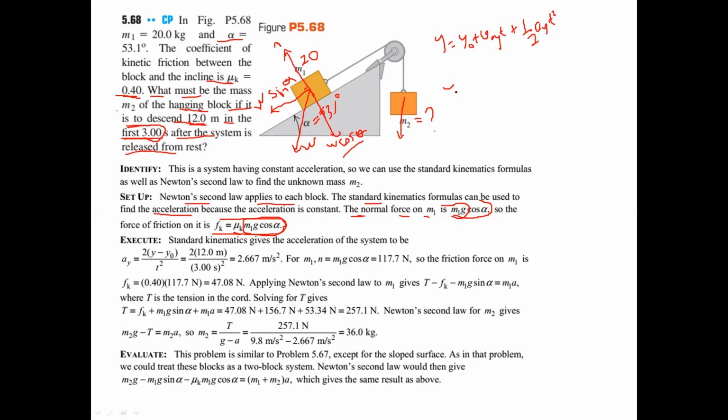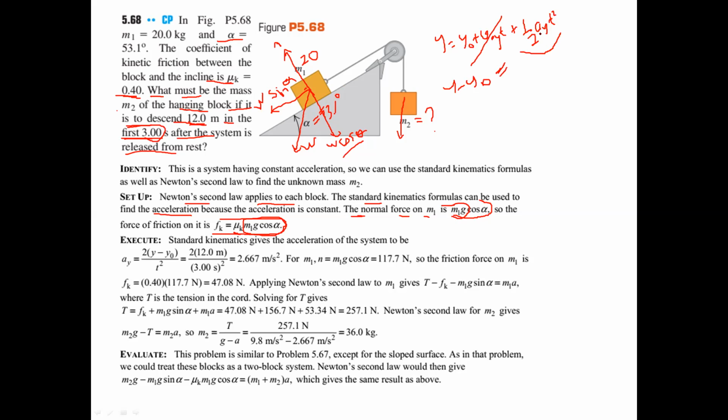So y minus y0: in this case v0y is zero, since your system is initially at rest, not in motion. So y minus y0 equals this one.